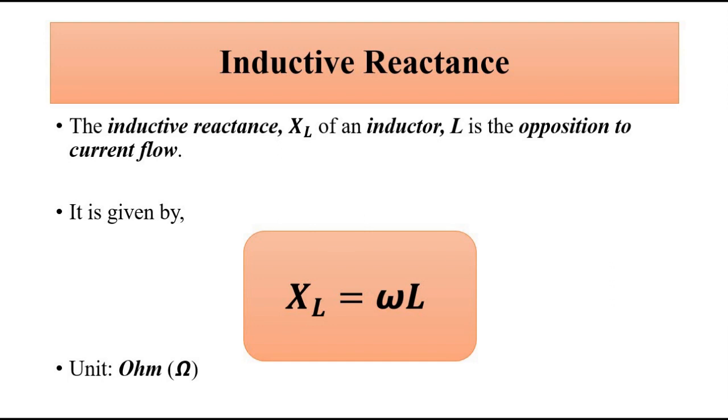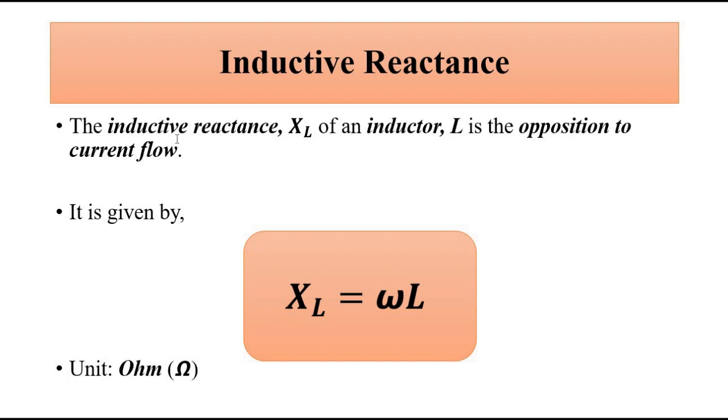So the inductive reactance XL, because of an inductor of inductance L, is given by XL = omega L, where omega is the angular frequency in radians per second and L is the inductance in Henry. XL has the same unit as resistance because it is opposition to current flow, which is ohm.